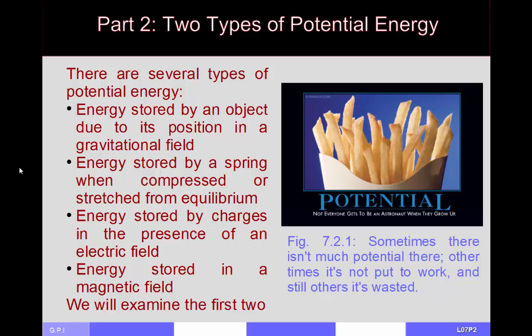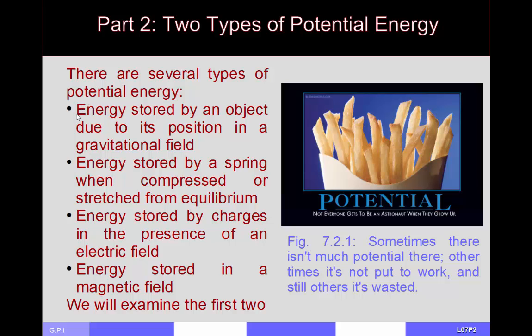broad types of potential energy that we will encounter in this introductory physics course between this semester and next. And as it turns out, two of these are types that we're going to look at more this semester, and two are the types that we'll look at more next semester.